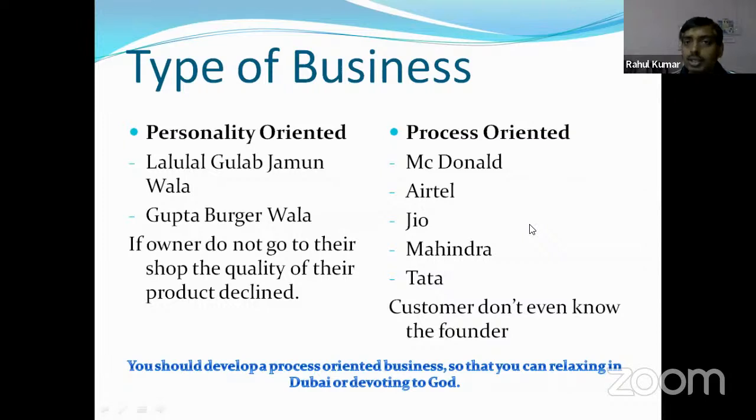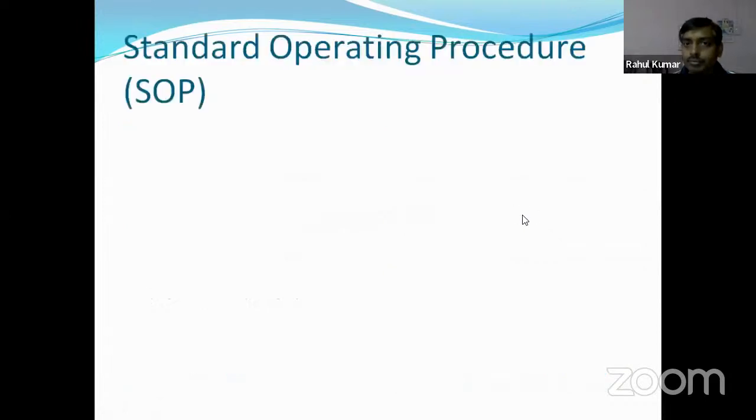That needs to be understood by us. Now, what is an operating procedure? Basically we have to discuss what we need. We need to develop a standard operating procedure to have a process oriented business.